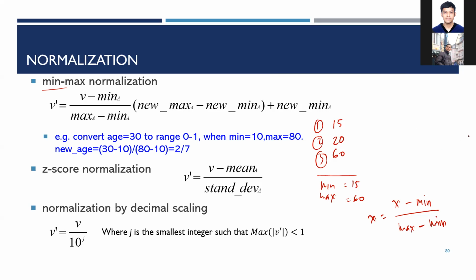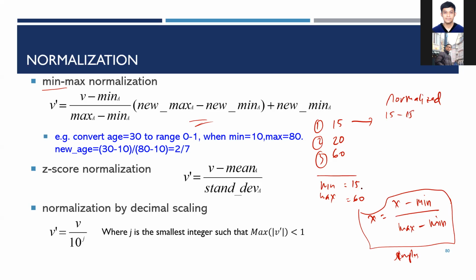This is the simplest one, for example. So here for 15, the normalized value equals 15 minus 15, the minimum, divided by 60 minus 15. So it will be 0.